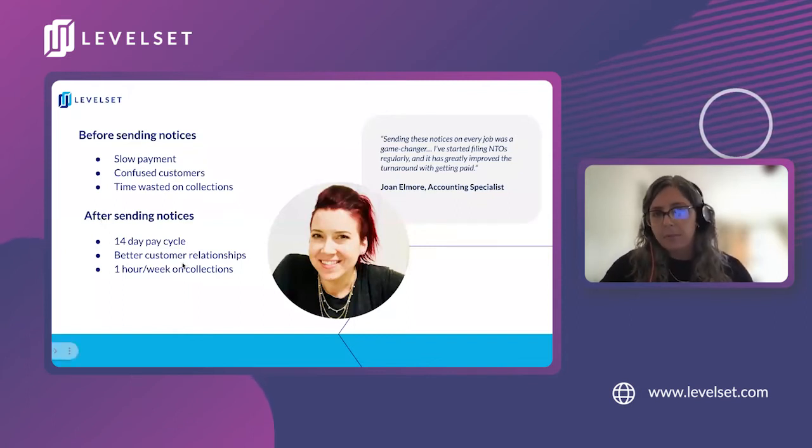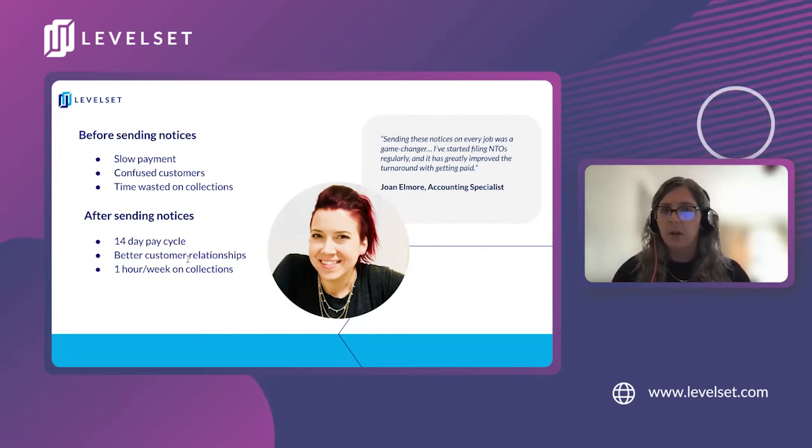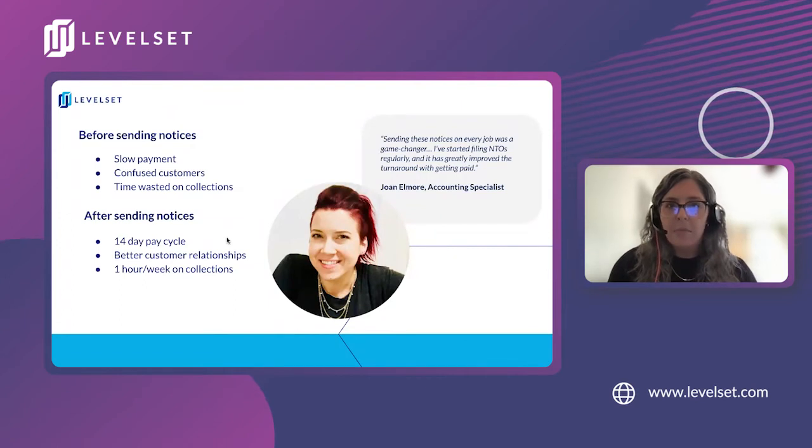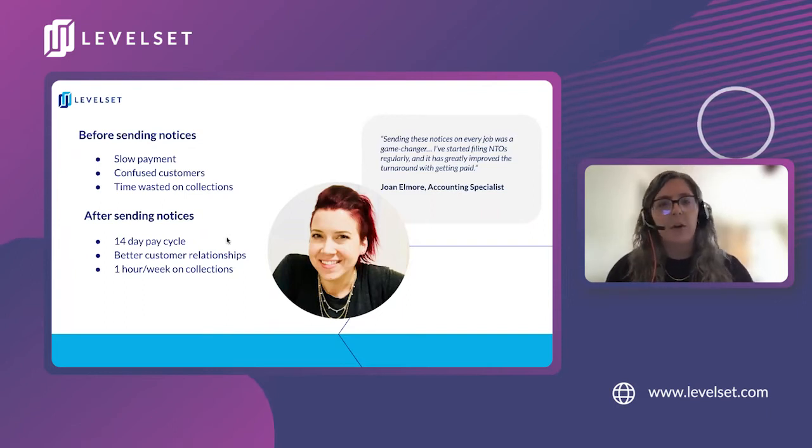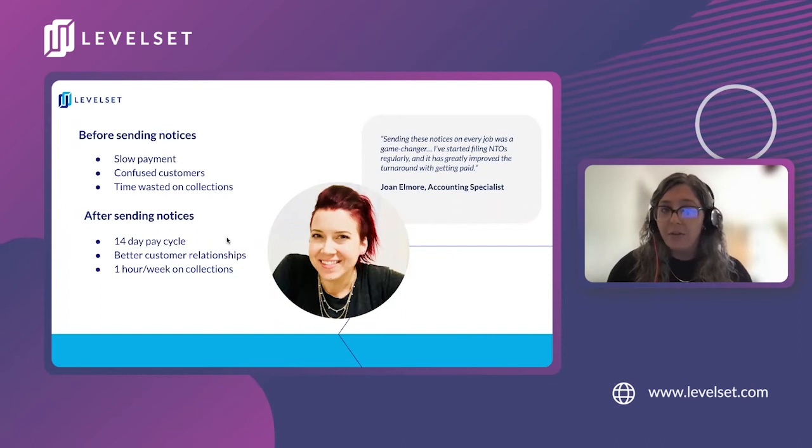For example, we have a customer in Florida who does window and door installations on condos, homes, and commercial buildings. According to Florida lien law, they only had to send notices if they were the sub on the project. But they started noticing that they had slow payment issues also when they were the GC. Their accounting person decided to send prelims at the start of every job, even if they weren't required to do so.